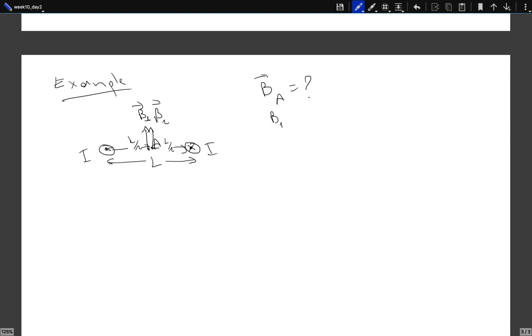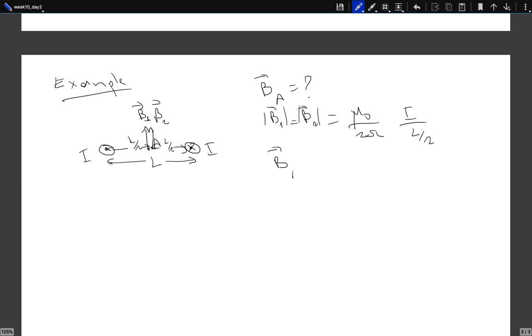So B1 and B2 are both equal. We had already determined their direction, so what are their magnitudes? It will be mu0 over 2 pi I over L over 2.